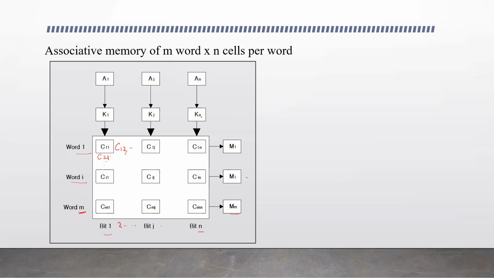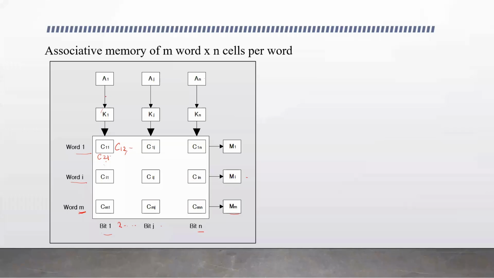And how the comparison is done: the content available in the argument register A is compared with the memory words, and each bit is compared based on the key bit. If the key bit is 1, it is compared. If the key bit is 0, it is not compared. So A1 is compared with C11 and Aj is compared with C1j.